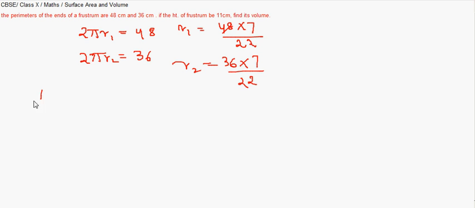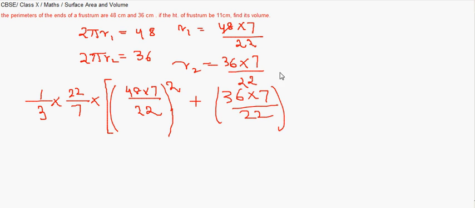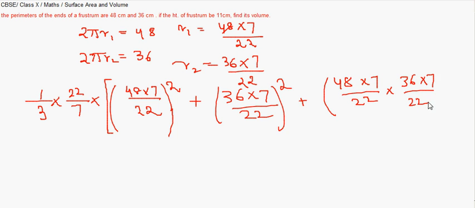Volume is again 1 by 3 pi, pi is 22 by 7, into R1 square, that is 48 into 7 by 22 whole square, plus R2 square, 36 into 7 by 22 whole square, plus R1 R2, which is given by 48 into 7 by 22 into 36 into 7 by 22.